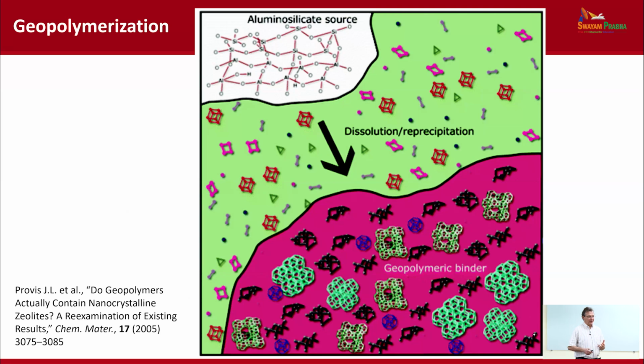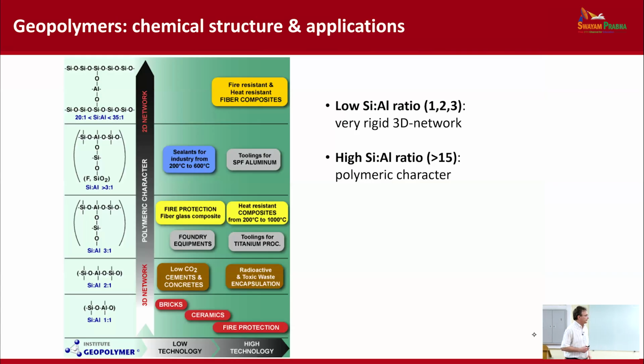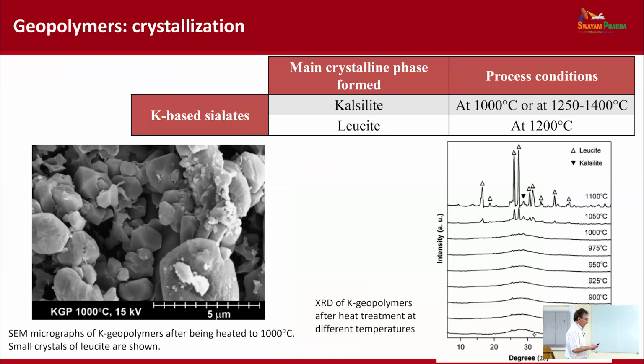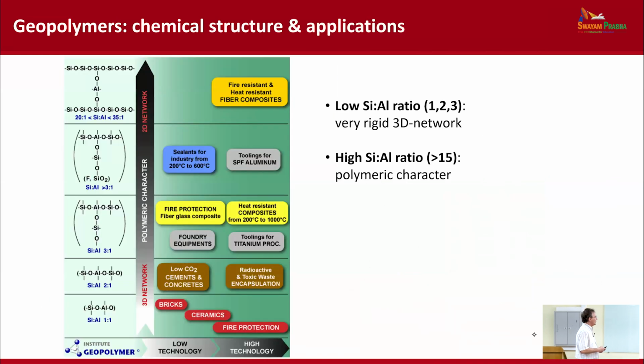And this three-dimensional network is not just continuous, but it has a lot of interesting characteristics. Before going into the microstructure, and I'm talking about this because in this way you can understand why we are interested in using geopolymers for a wide range of applications.